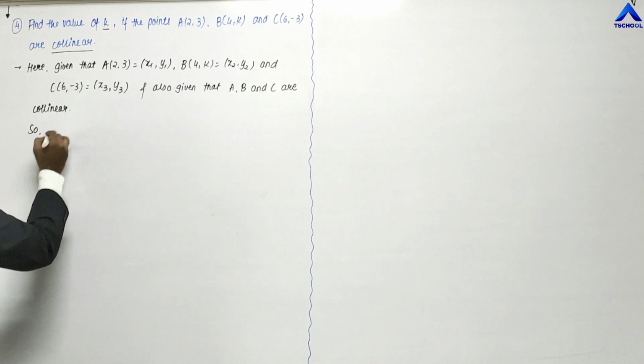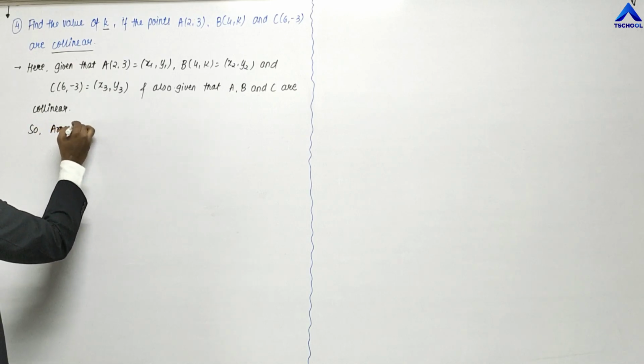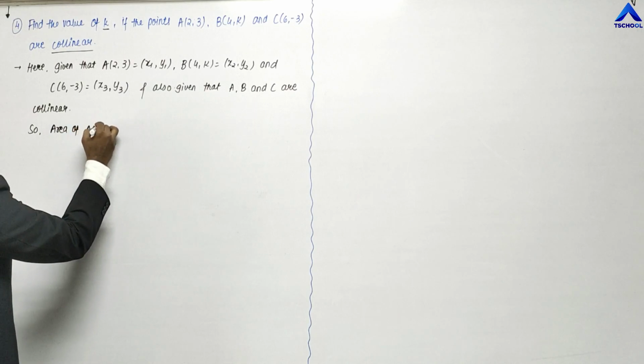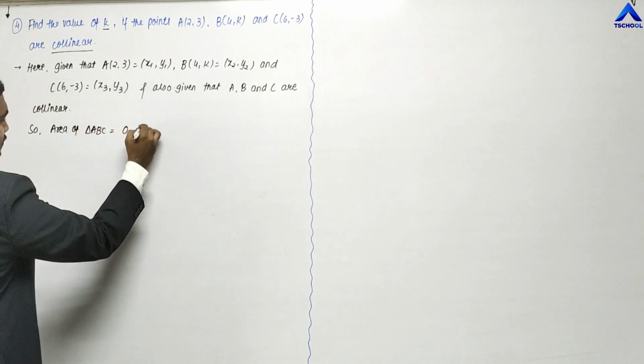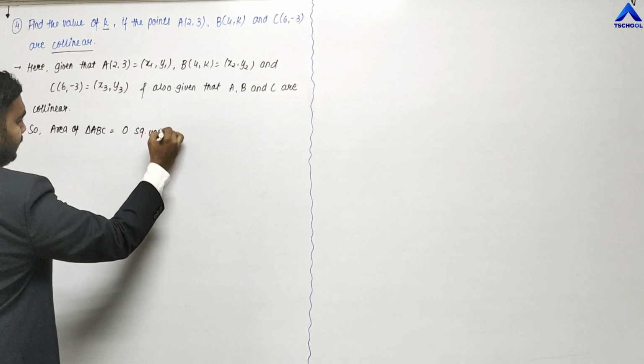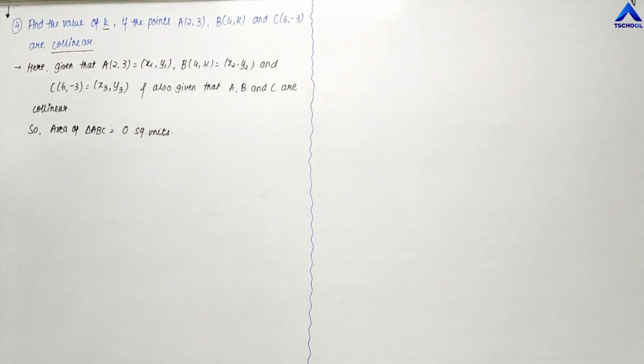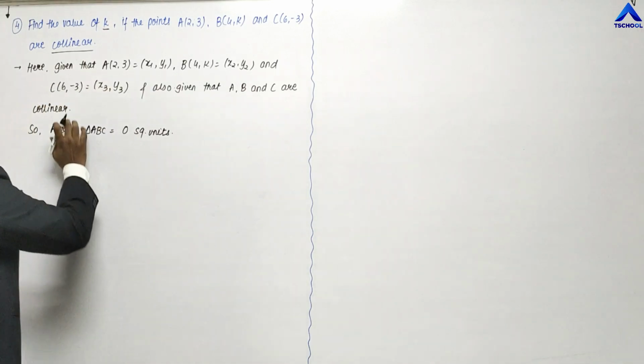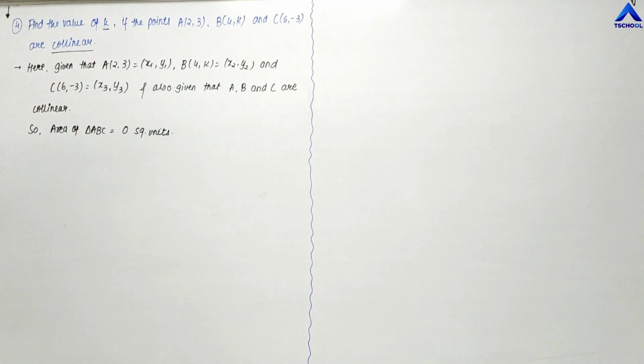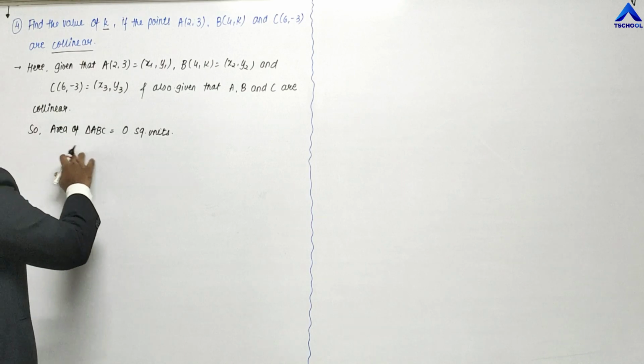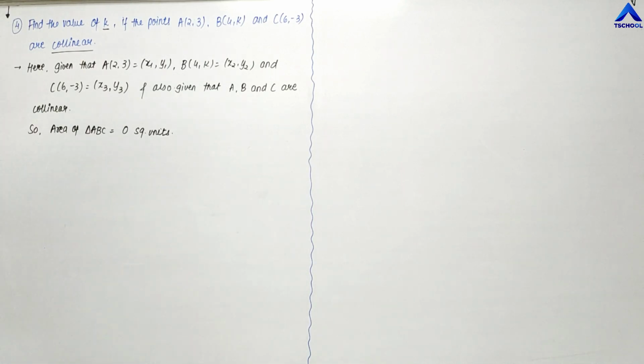So the area of triangle ABC is equal to 0 square units, right? We know that the points A, B and C are collinear points, and as these three are collinear points, what did I say? That the area of the triangle so formed will be 0 square units, right? That was the second point here. Yes or no?